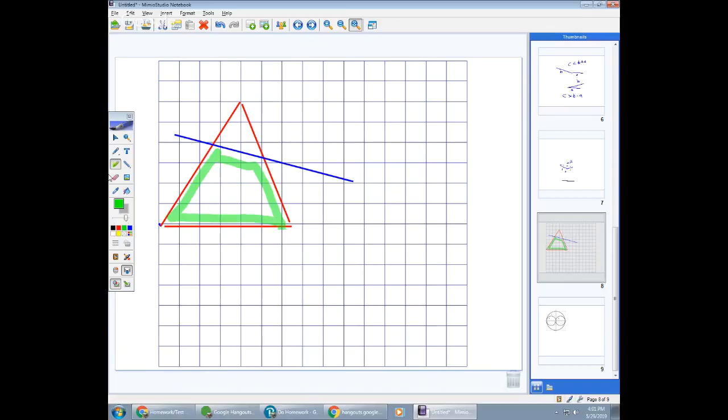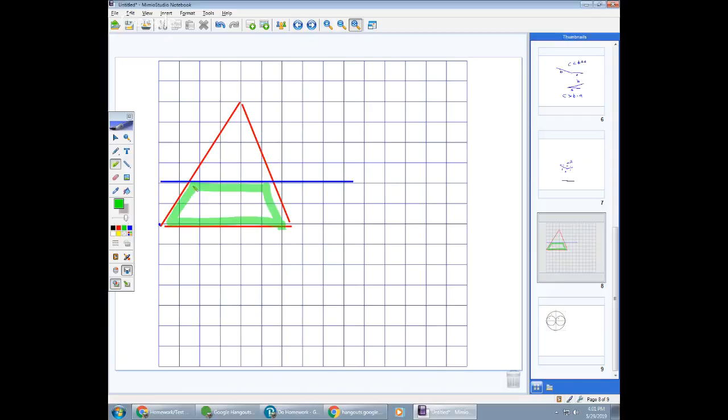So to fix that, I want to make this truncation parallel to one of the sides. Now I'm trying to be parallel to the bottom side. So now I have this shape right here, and that truncated triangle is definitely a trapezoid.